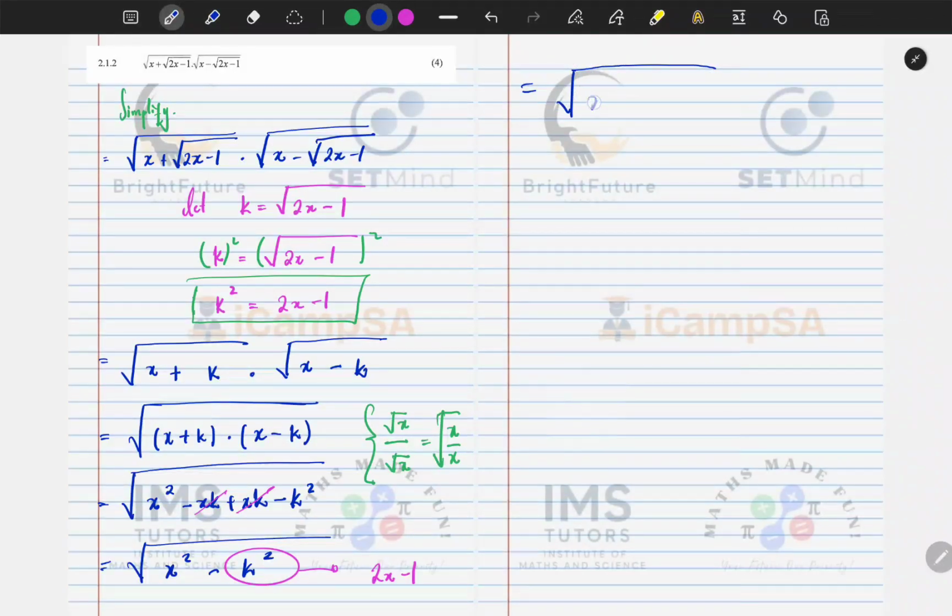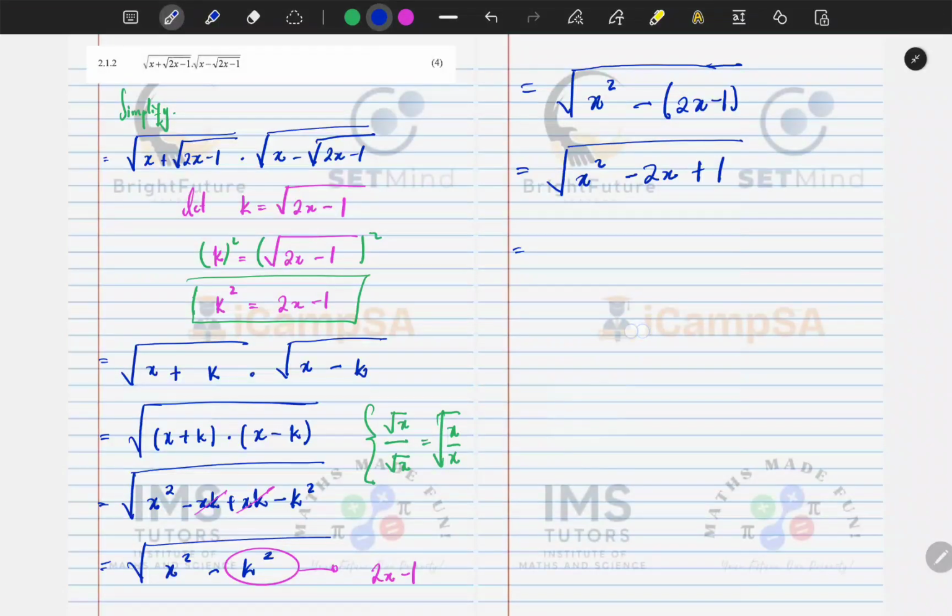Now we are going to have x squared minus (2x minus 1). When we solve this further, we have x squared minus 2x plus 1. Remember what we said, we don't need a surd.